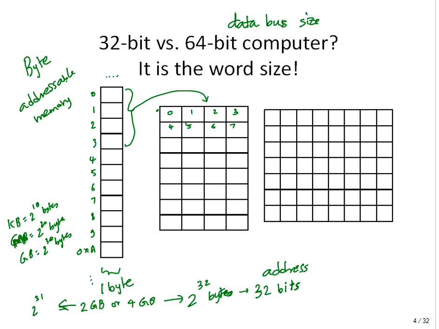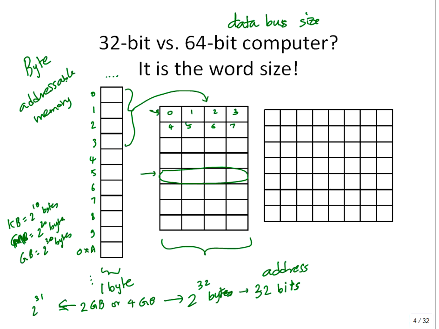When you give your address 0, the computer not only can give 1 byte, it can actually give 4 bytes. Why is that? Because the data bus size is 32 bits. Whenever an address is specified, it can give that whole 32 bits, the whole 4 bytes of data.